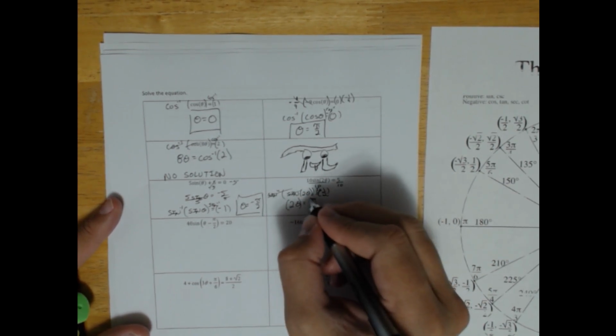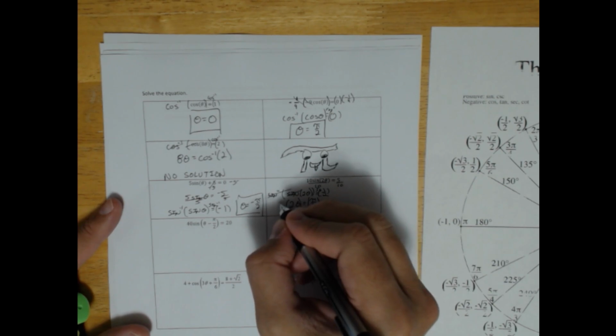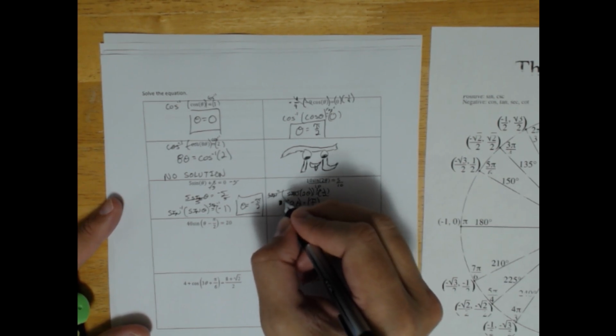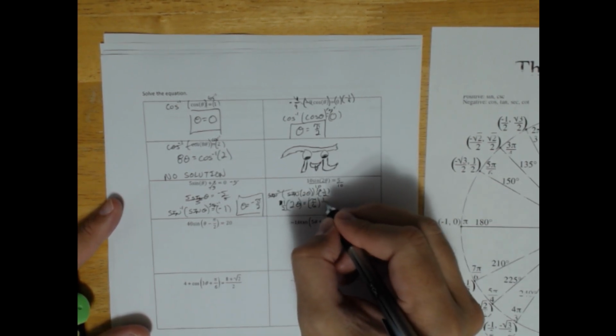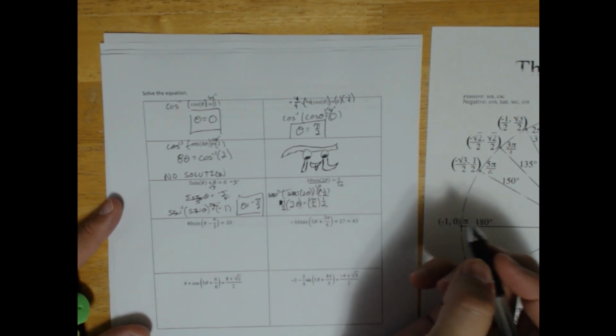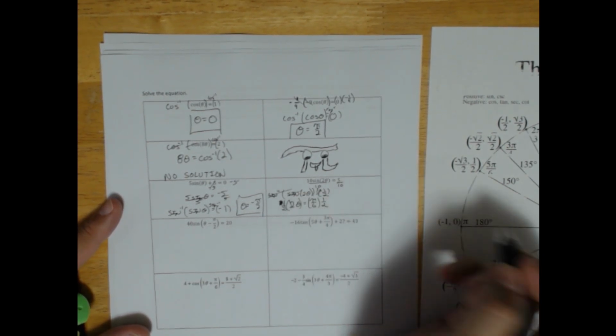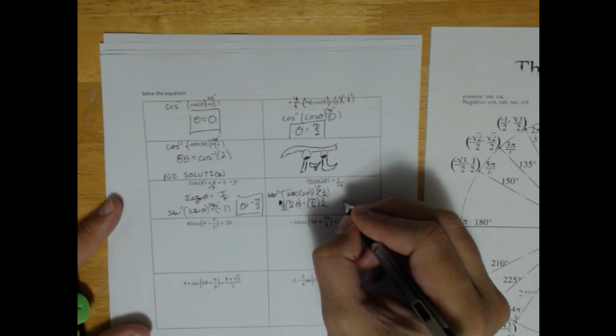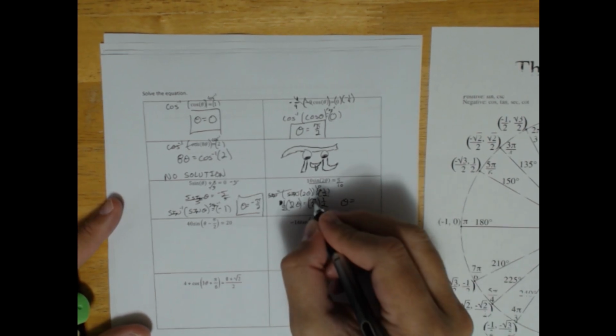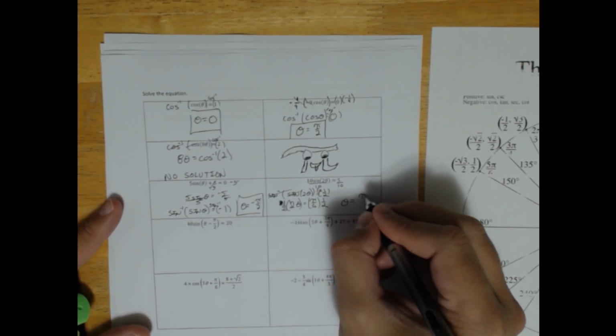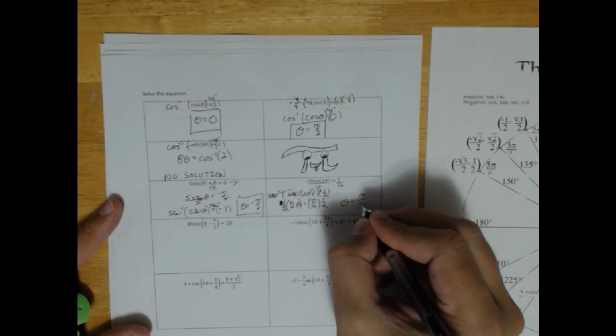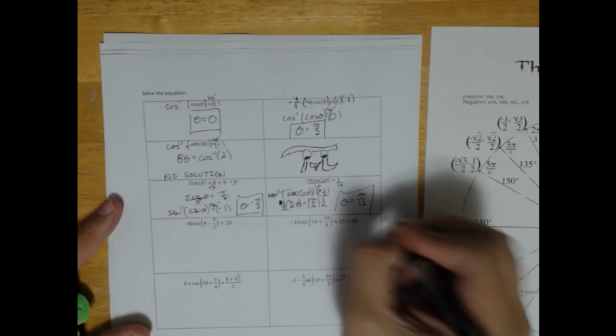Finally, we can divide by 2, but again, I prefer to multiply by the reciprocal so I don't make any careless mistakes when I'm multiplying my fractions, which should give us theta is equal to pi times 1 is pi, and 2 times 6 is 12, pi over 12.